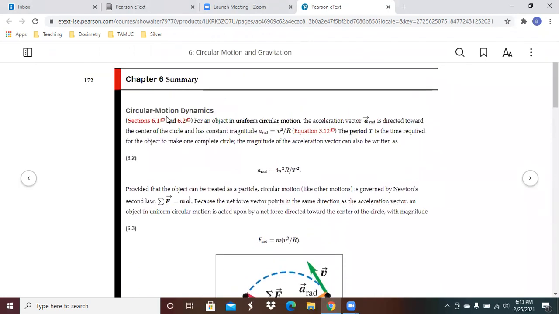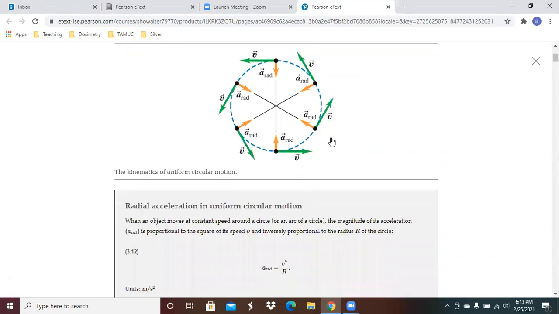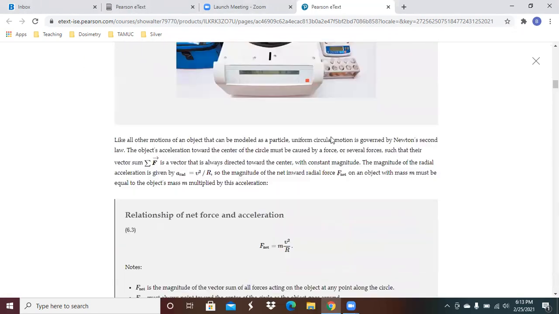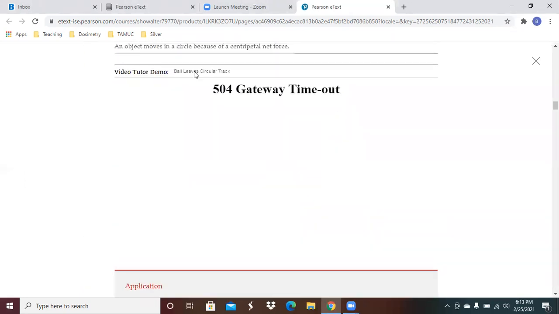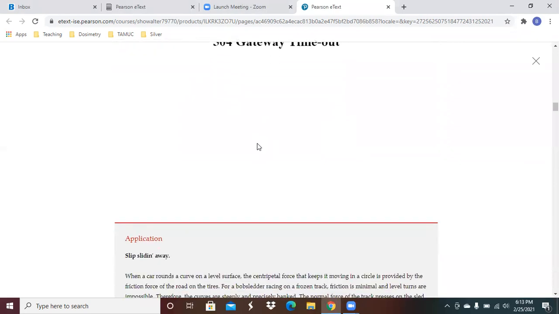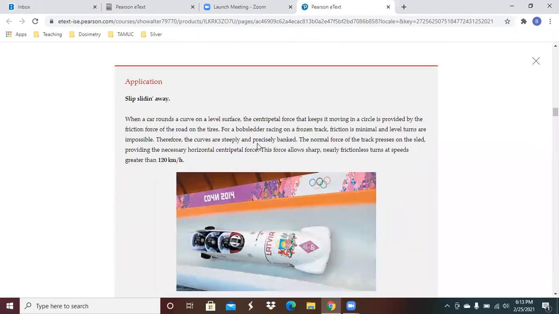Well, that's not exactly what I was looking for. There we go. Huh. Well, that's too bad. Maybe that'll come up if you go back and look at it a little bit later.